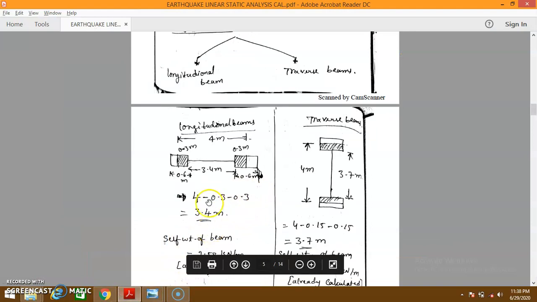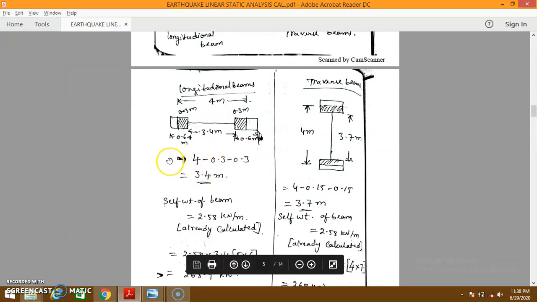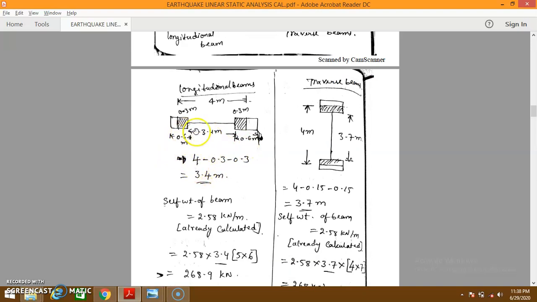Next, longitudinal beams, the horizontal beams. The center to center distance is 4 meters. The width of the column is 0.6, only half we consider, up to the center.